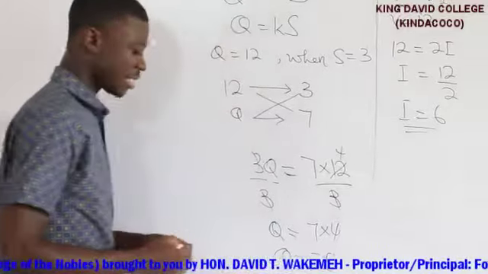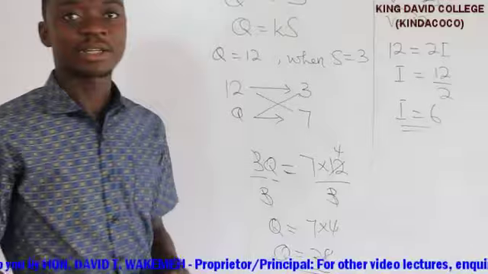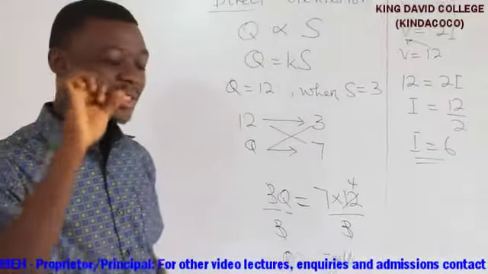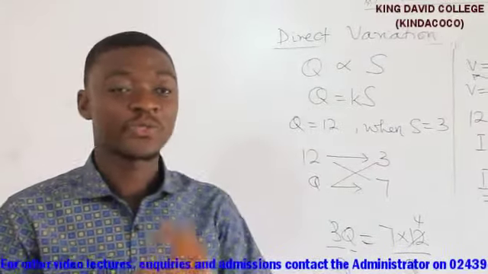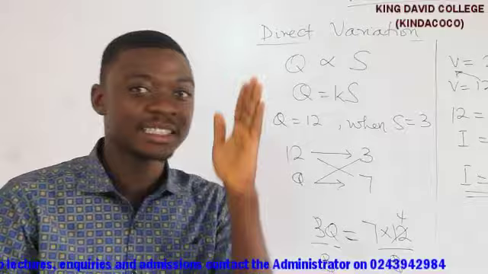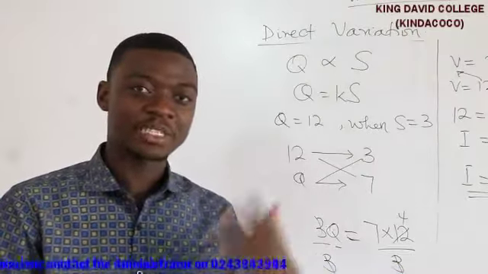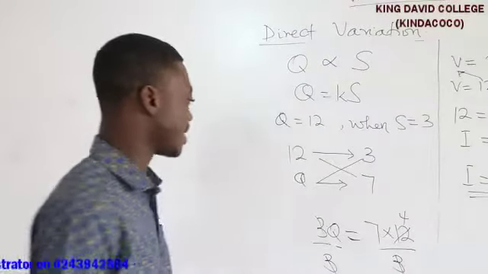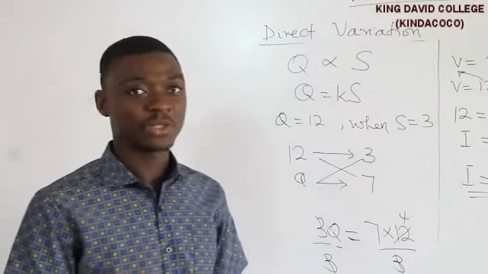Okay? So there will be no need to use the variation equation if it is direct variation. Unless, of course, the question states that you should find the constant of proportionality first before they ask you to evaluate the value for Q when S is this. When that happens, then you have to go through the variation solution.